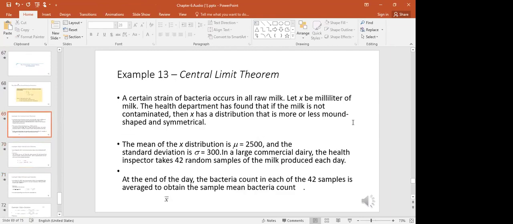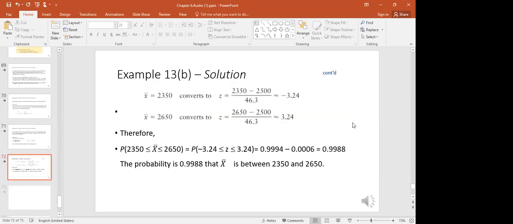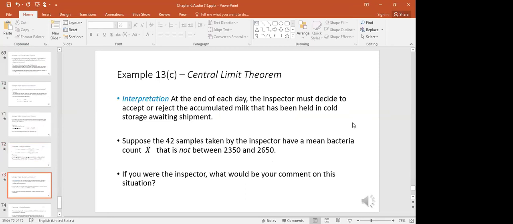So essentially, that's what it is. We could go through another example, but I think it's not necessary. You can just go through it on your own. It's essentially the same work. When you take a single value, you use the mean and the standard deviation. If you take a sample, you divide the standard deviation by the square root of the sample size and do the same work.